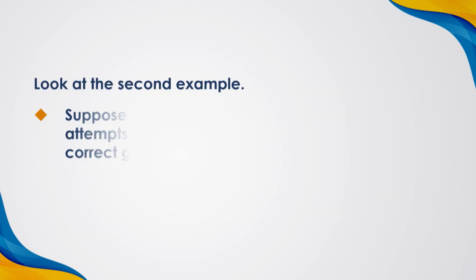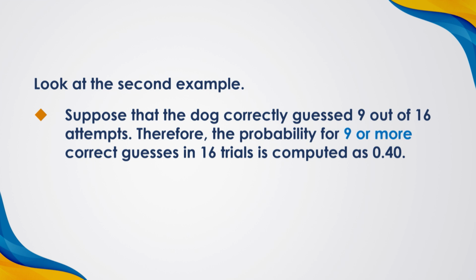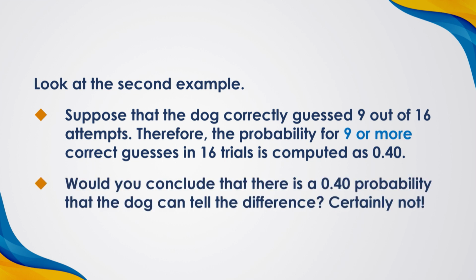Look at the second example. Suppose that the dog correctly guessed 9 out of 16 attempts. Therefore, the probability for 9 or more correct guesses in 16 trials is computed as 0.40. Would you conclude that there is a 0.4 probability that the dog can tell the difference?